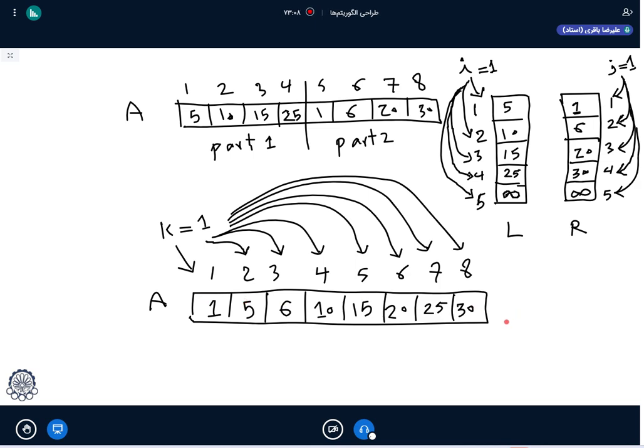Okay, this is the approach by which we combine two sorted parts. This is the merge. This is called merge. Merge is our method for combining solutions of two subproblems. The first part is sorted, the second part is sorted, and merge combines these sorted parts into one total sorted array.